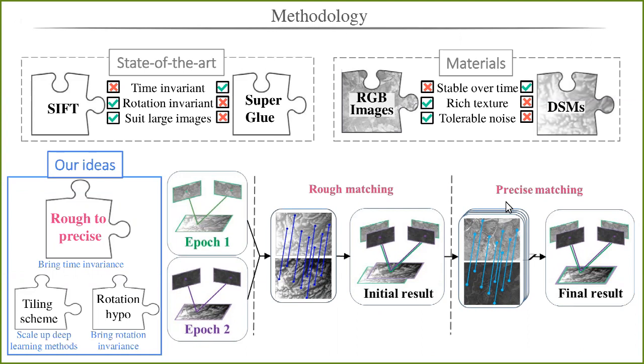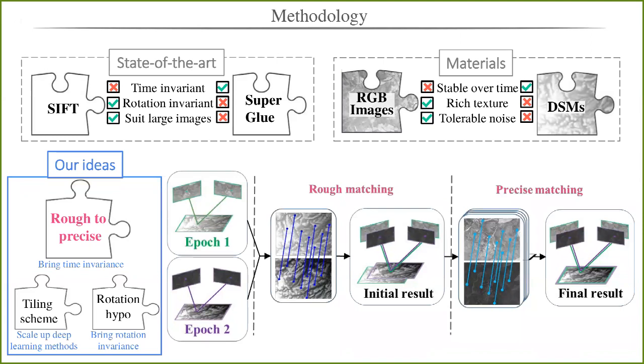This leads to our first contribution. It brings time invariance to any features. For example, even though SIFT is not time invariant, when combined with our rough to precise idea, it could produce reliable results, thanks to the help of DSM.